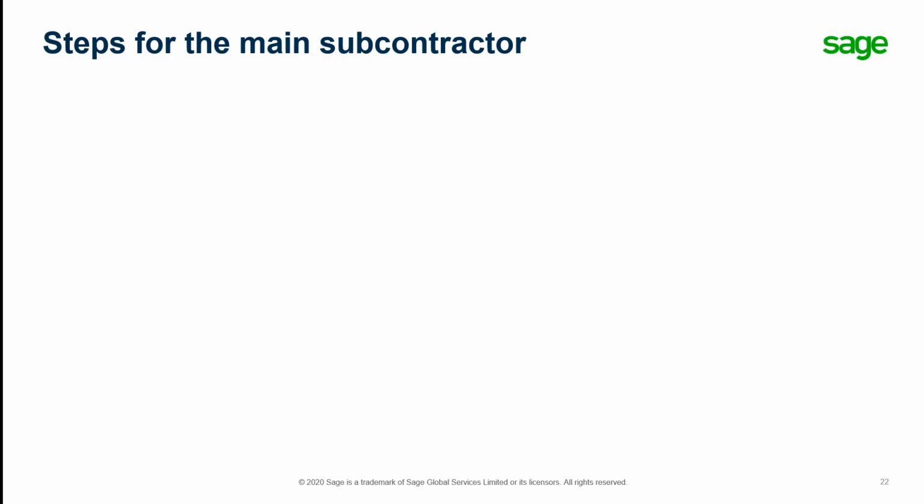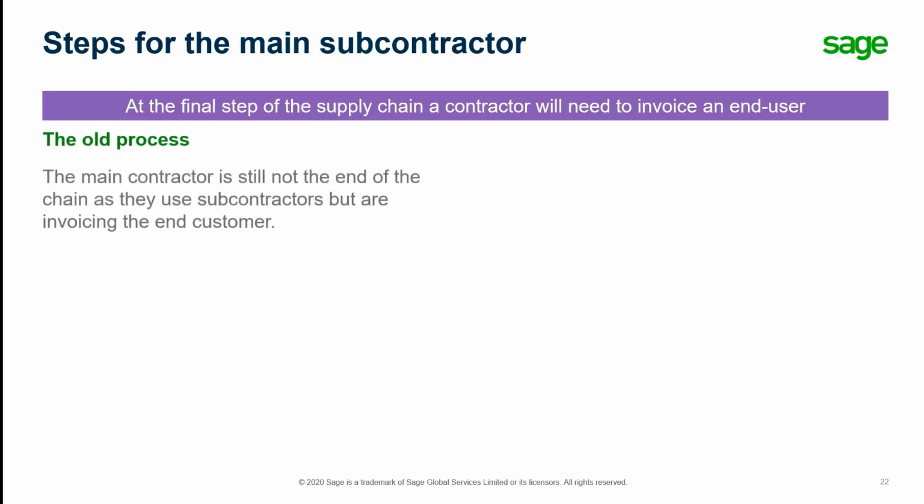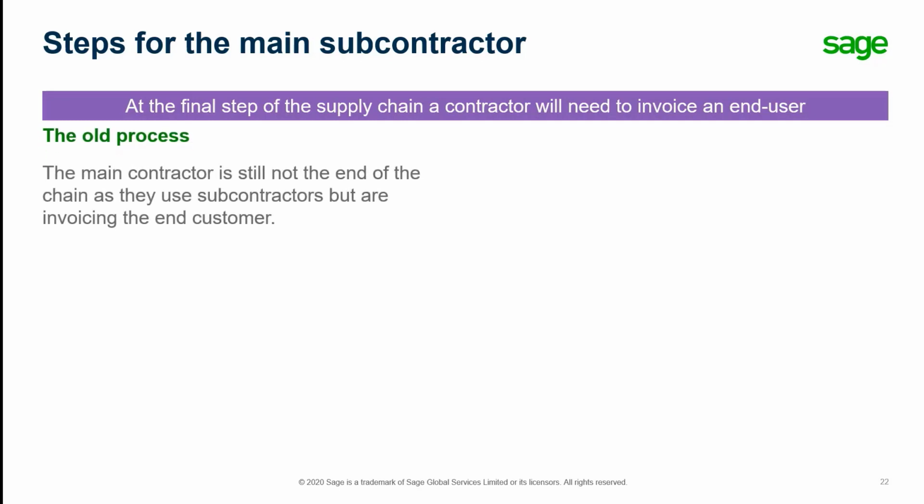Finally, let's look at the steps for the main contractor. These are the businesses that are dealing with those end users and they have had either written confirmation of that or they are not CIS or VAT registered. So these businesses are still not the end of the chain as they use subcontractors, but they are in fact invoicing the end customer.